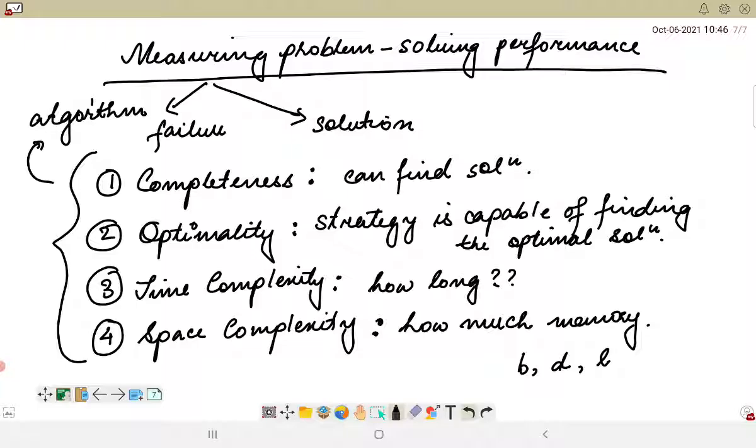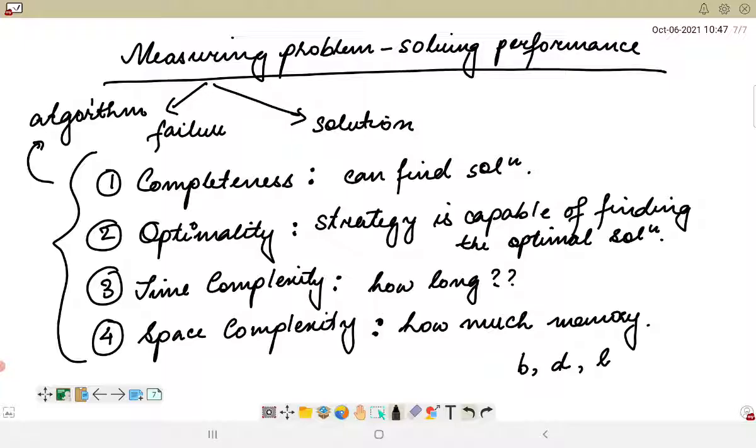To assess the effectiveness of any search algorithm, we can consider just the search cost, which typically depends on the time complexity but can also include a term for memory usage, or we can use the total cost, which combines the search cost and the path cost of the solution found.